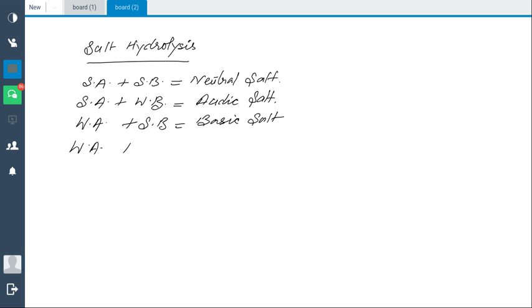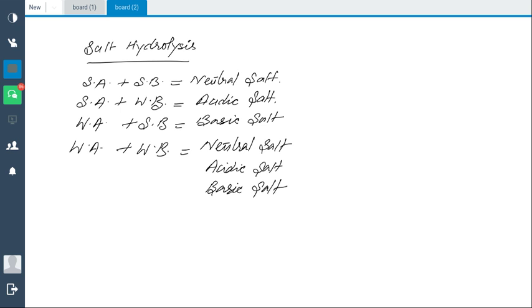Weak acid plus weak base can give you a neutral salt, an acidic salt, a basic salt. Okay. Now neutral salt we are not going to work on. Acidic salt.